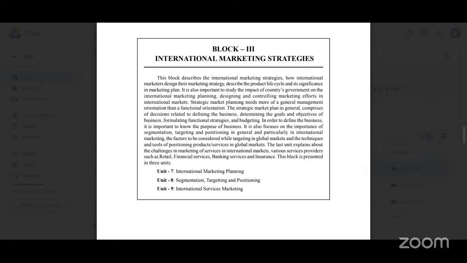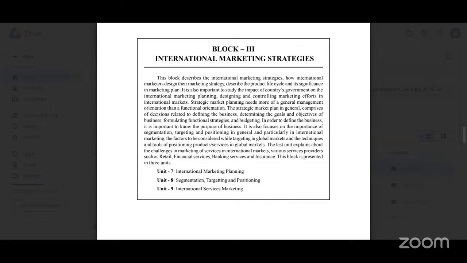We'll also be looking at the challenges that marketers face in international markets, the various service providers such as retail, financial services, banking services, and insurance. And also, we'll be covering briefly how it differs from operations in a domestic environment.